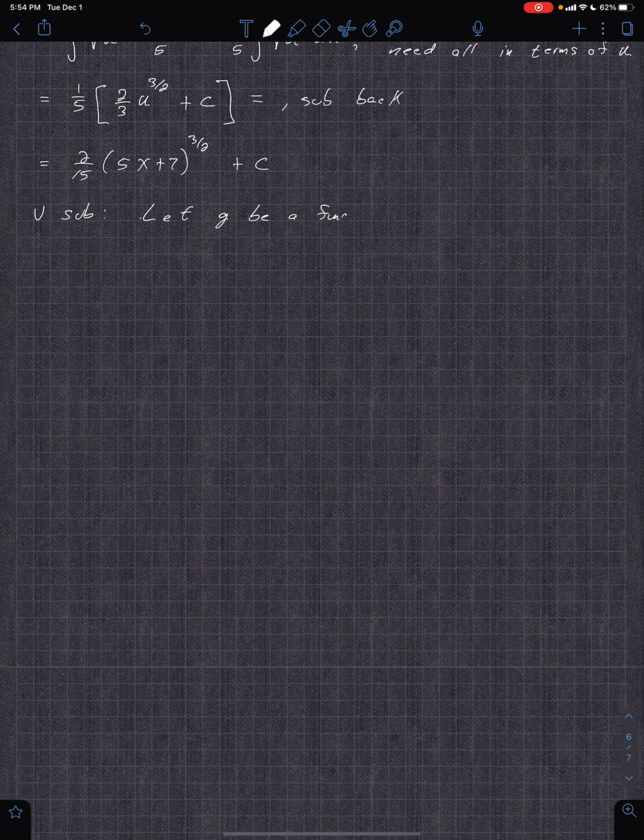be a function with range I and let f be continuous on I. So basically it's going to be a composite function.